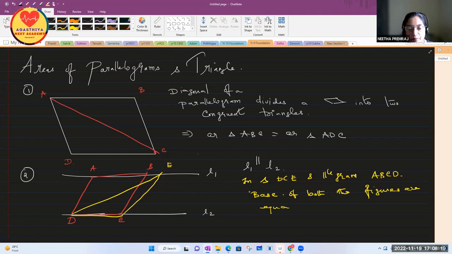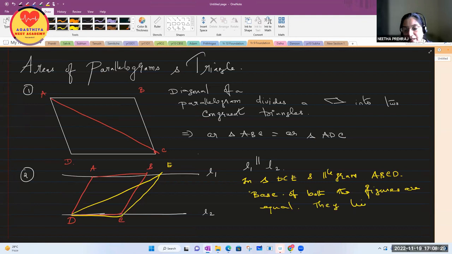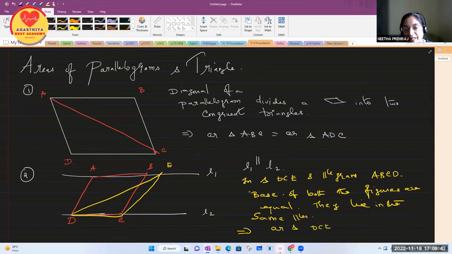And what else do you see? They lie in the same parallels, isn't it? Yes, ma'am. They lie in the same parallels. Which implies area of triangle DCE is half of the area of parallelogram ABCD.